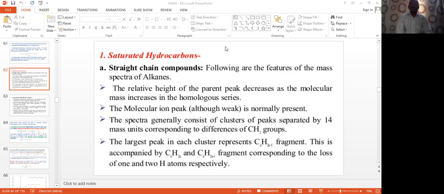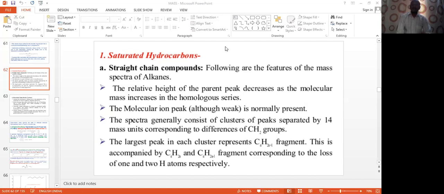So here the relative mass of the parent ion, that is the molecular ion peak, will be less. As you go on increasing the mass of the homologous series of the alkane, the molecular ion peak will be reduced. Normally you will find a molecular ion peak, but it will not be that intense.